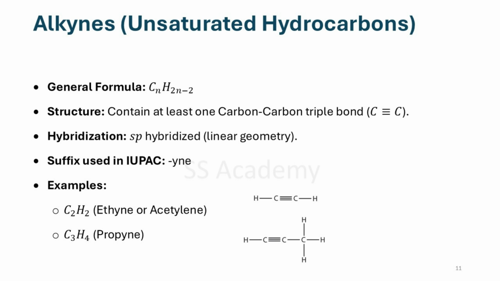In alkyne, you remove a further 2 hydrogens, so from alkane it becomes CnH2n-2. These carbons are sp hybridized, which makes the bond area perfectly straight or linear. The most famous example is ethyne, commonly used in welding torches under the name acetylene.